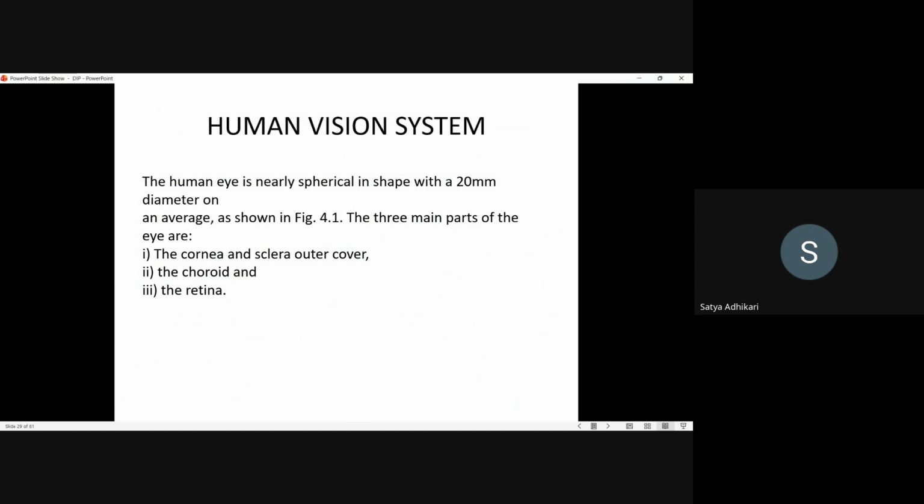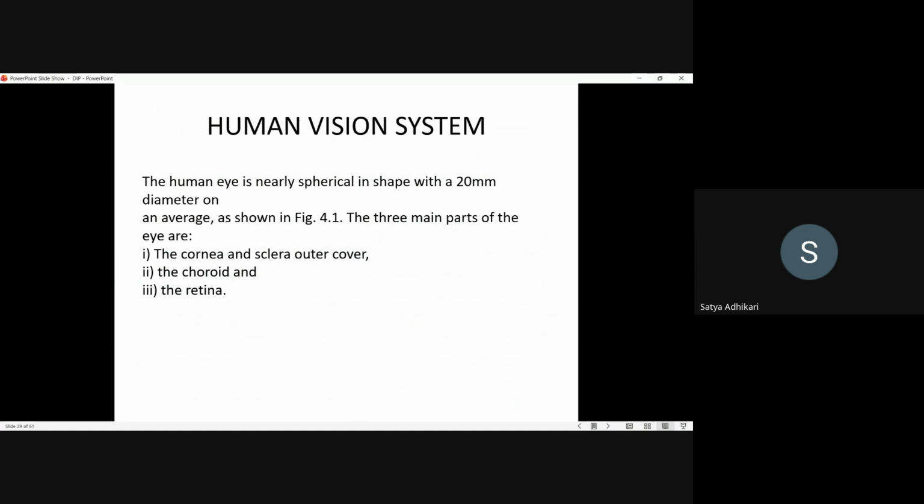Then the human vision system. We know that human vision is also a powerful tool which captures pictures. It also has a lens like your camera.